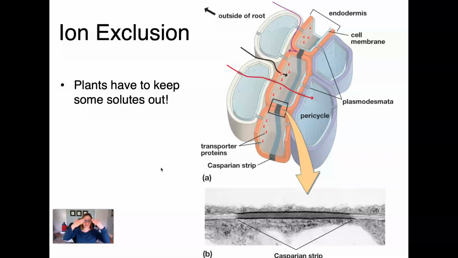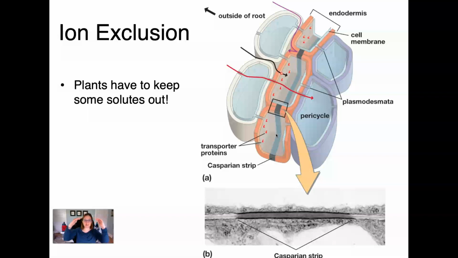Plants have a security system, as I metaphorically call it, and that security system is in this border of cells between the cortex and the pericycle, bordering the vascular cylinder. The border cells are called the endodermis, and between endodermis cells there is a sort of seal.